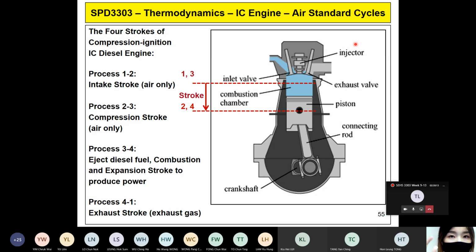The chemical energy inside the fuel is released as heat energy.